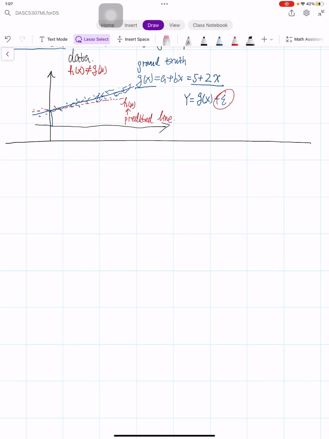Okay, again, let's recall the assumptions for the model. We have our features simulated from some distribution D. We have some errors epsilon_i generated from some distribution with mean 0.